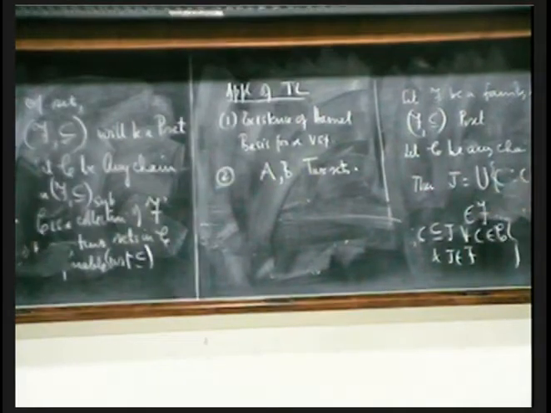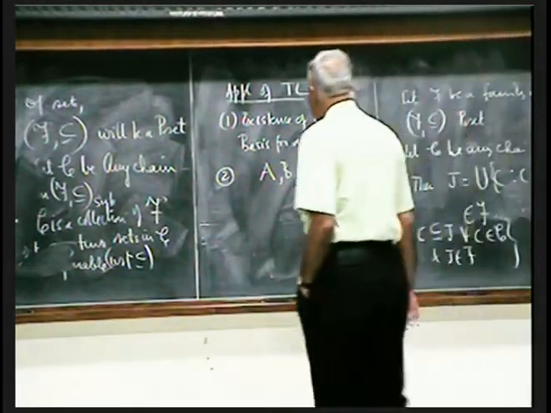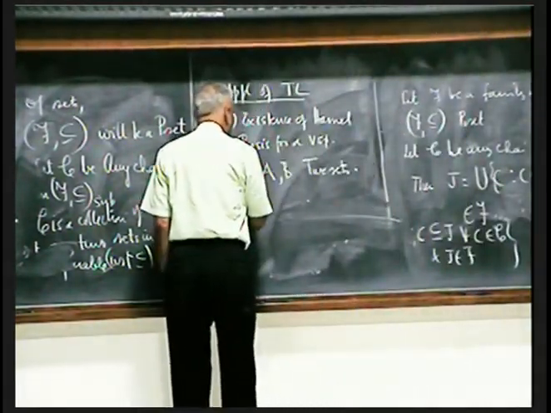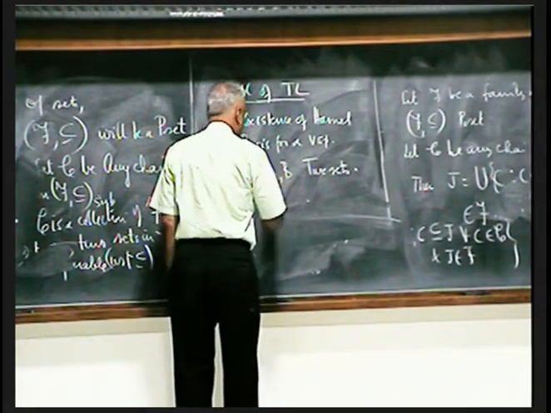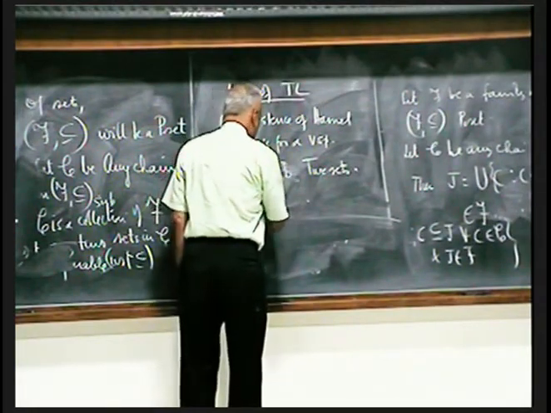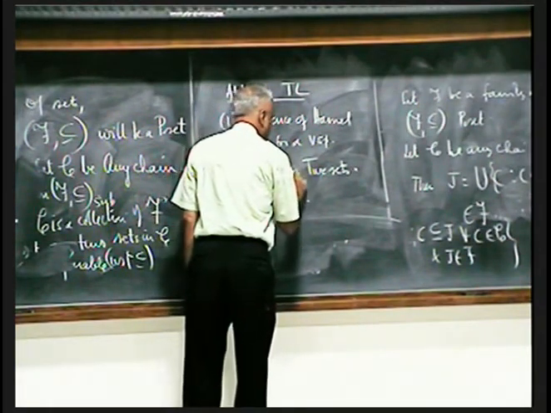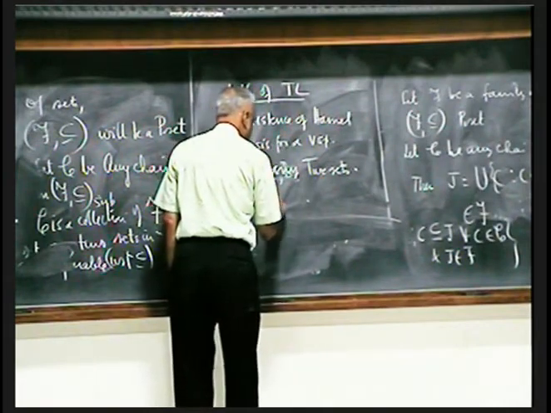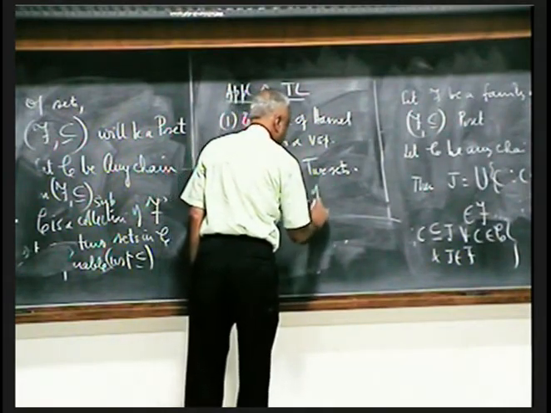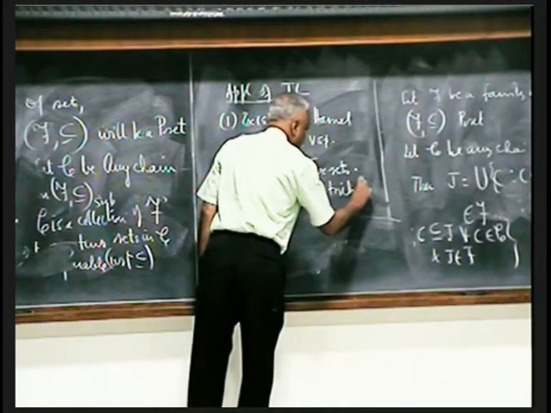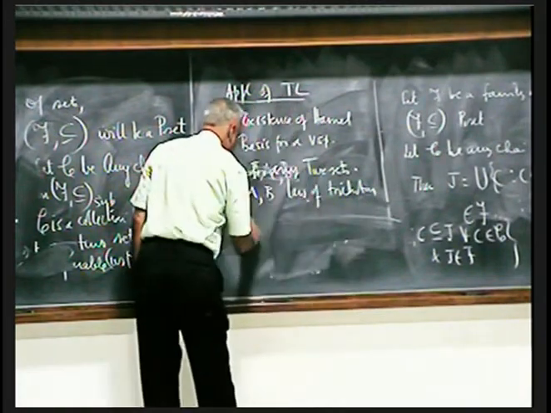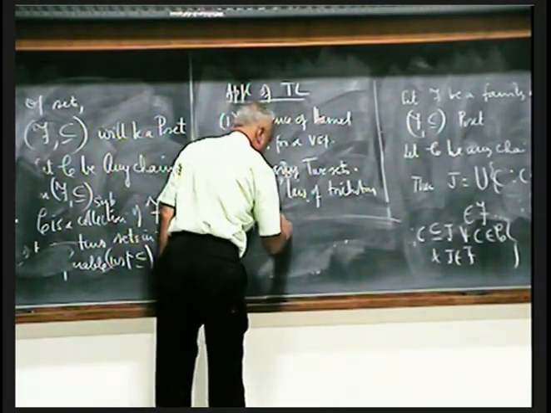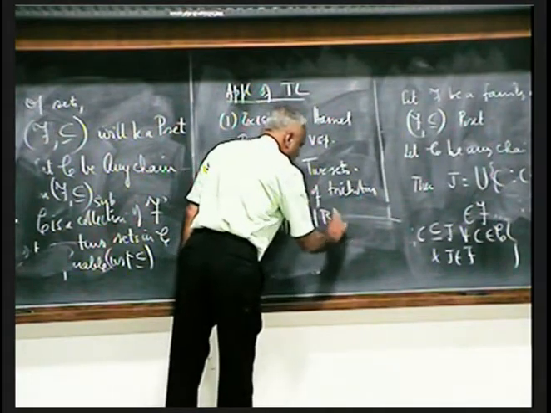That we will do using Tukey's lemma: for any two sets A, B, the law of trichotomy holds, |A| is less than or equal to |B|, or |B| is less than or equal to |A|.